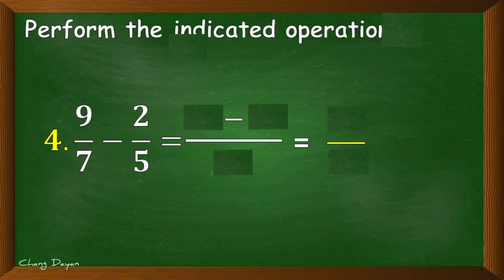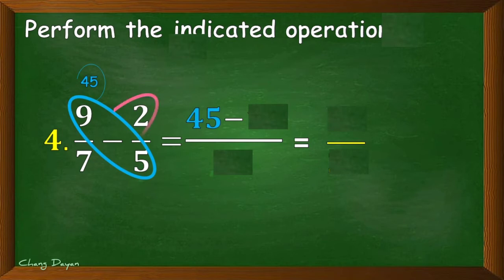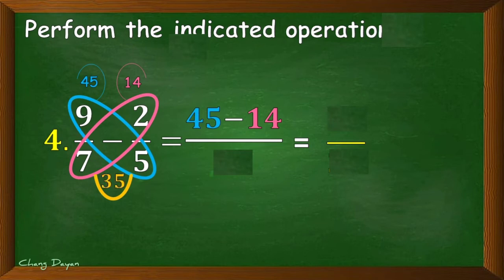9/7 minus 2/5. Same process using the butterfly method. 9 times 5, the answer is 45. 2 times 7, the answer is 14. Then, 5 times 7, the answer is 35.